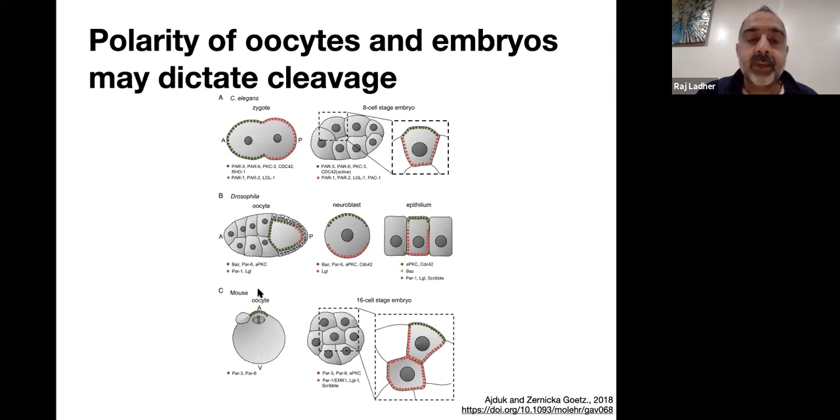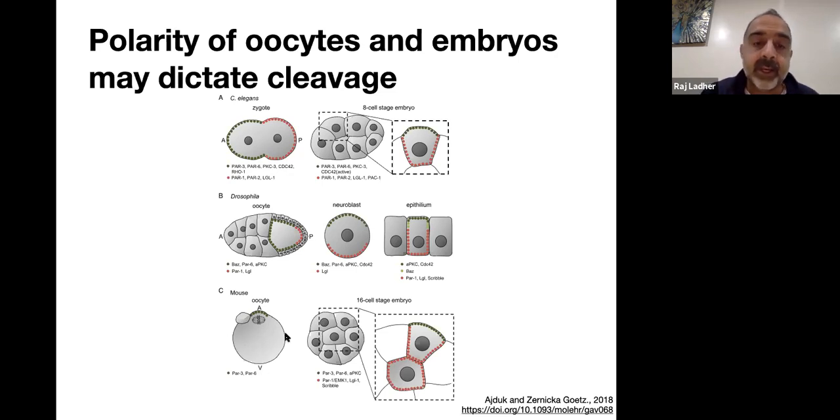And so when the mouse cleaves meridionally, animal and vegetal are equally distributed to both cells. When the embryo cleaves equatorially, one cell will inherit the animal and the other cell inherits the vegetal pole.